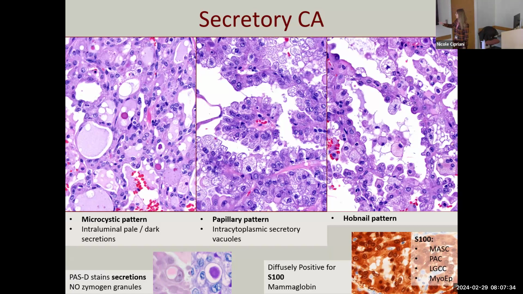What's unique about them is that they do not have any zymogen granules in their cytoplasm. If you were to stain them, the secretory material stains with PAS, but not anything in the cytoplasm. And they are diffusely positive for S100 as well as mammaglobin. So these two stains in combination are really useful to make this diagnosis.